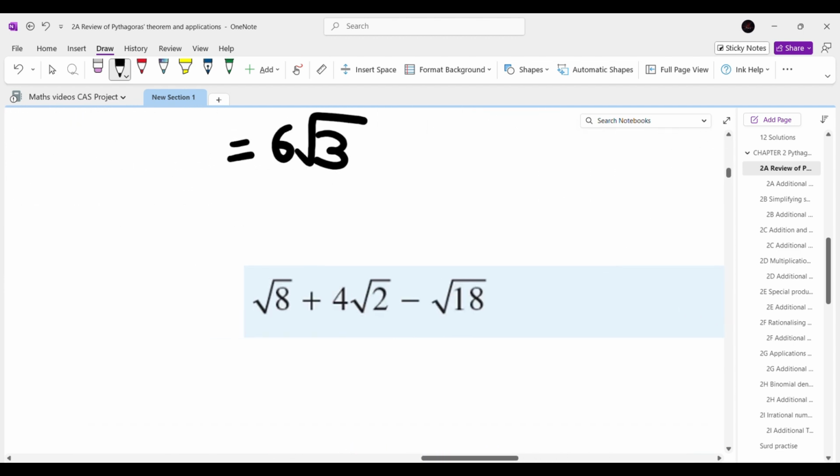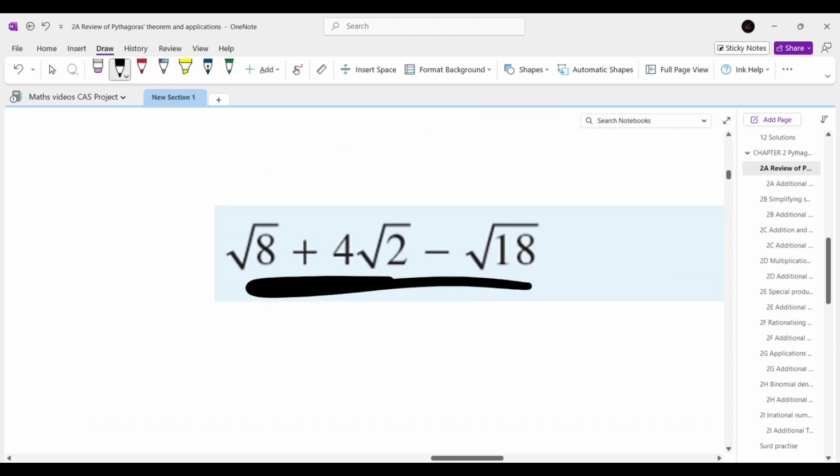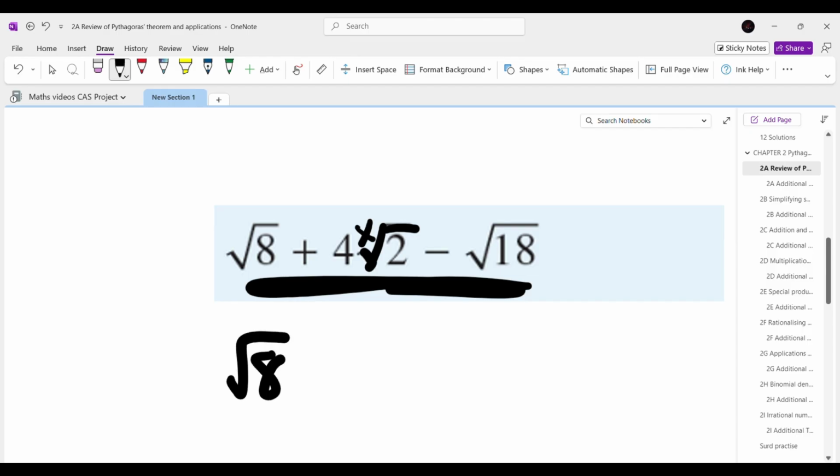So for example, if we have this equation here, the root of 8 plus 4 root 2 minus the root of 18. You have 4 times root 2 here. The thing about this equation is that we can't just add root 8 to root 2. We have to treat them like separate variables until they have the same number under the root.